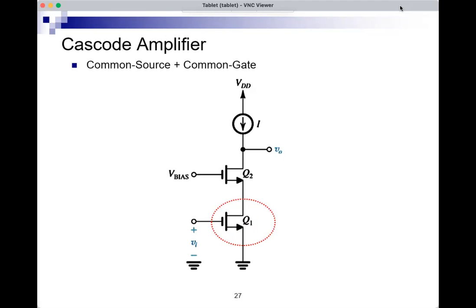Here, as we said previously, we can consider Q1 to be a common source stage and loaded by the input resistance of the next stage. The next stage is a common gate, Q2.